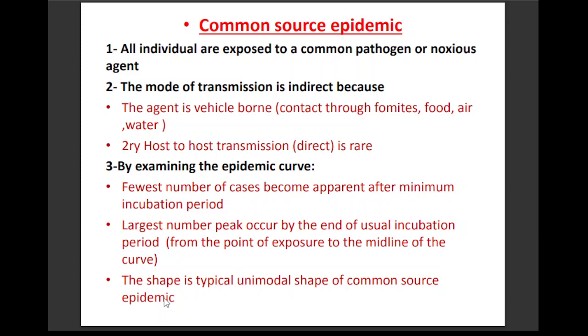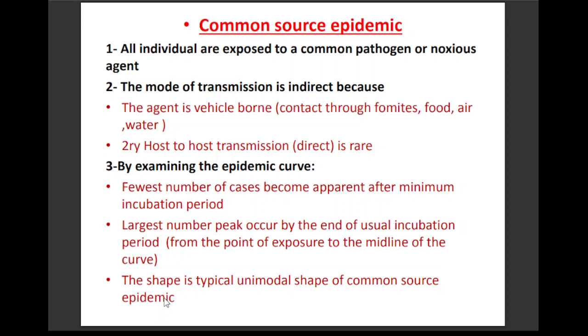Or say infected fruits were transported to the market, and in the market they came in contact with other fruits, so other normal foods or fruits got infected, and that keeps on spreading.